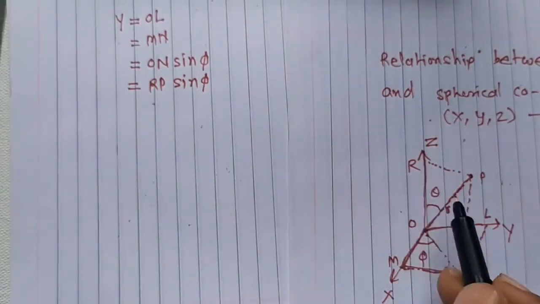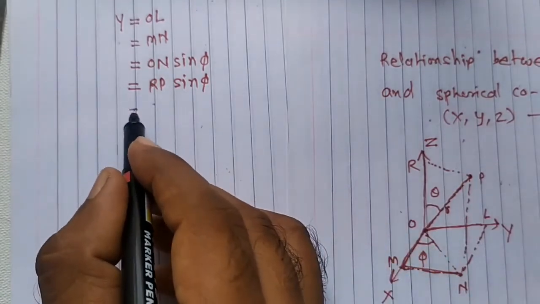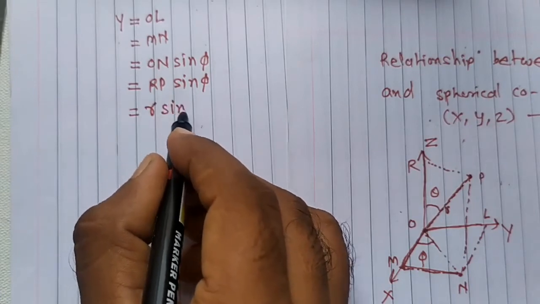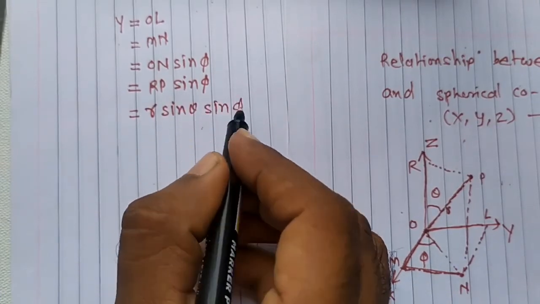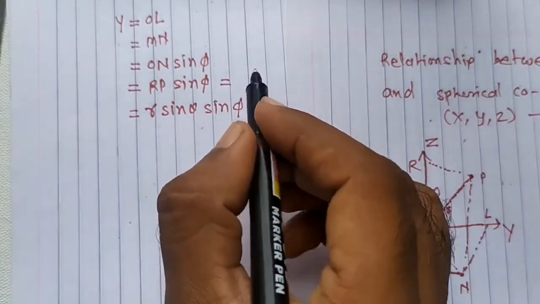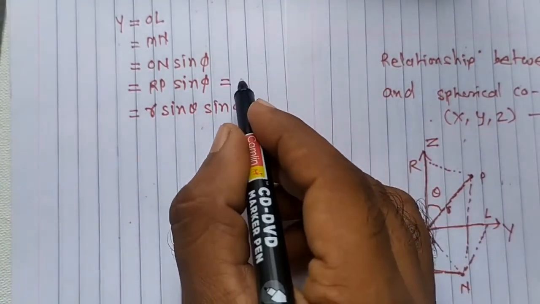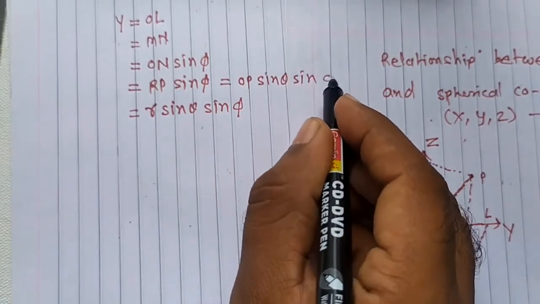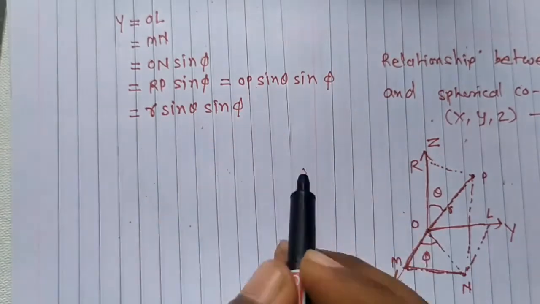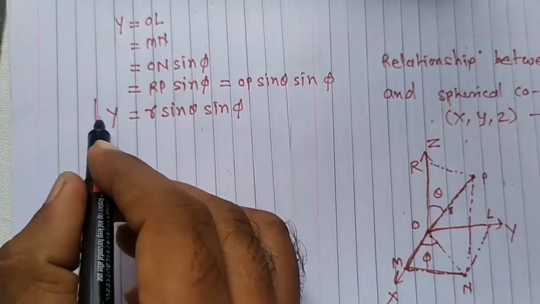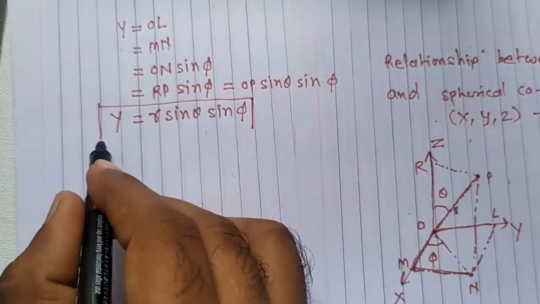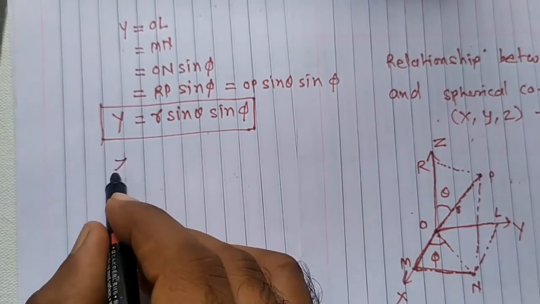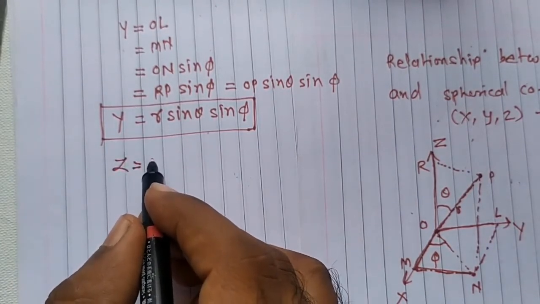Now in triangle ROP you can write RP as OP sine of theta sine of phi, and then further OP is r. So y is r sine theta sine phi. This is the relationship for the y coordinate. Now for the z coordinate, z is equal to OR.